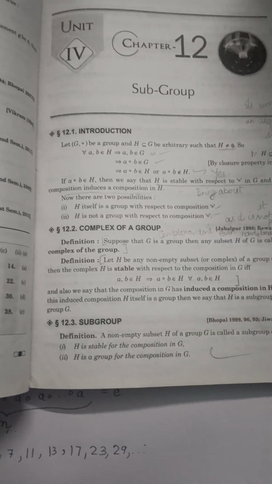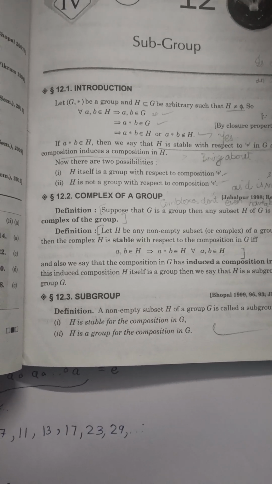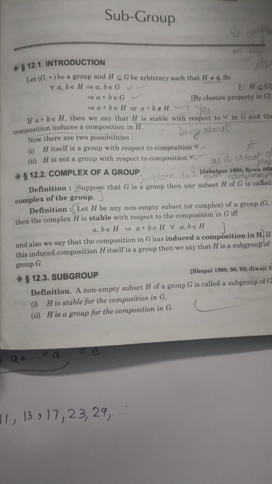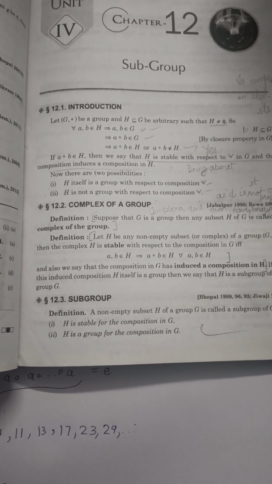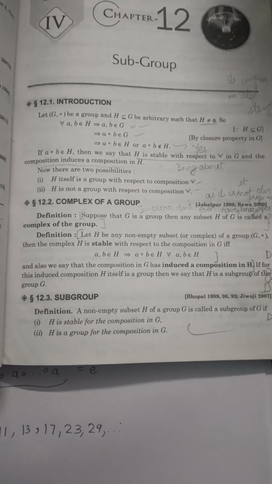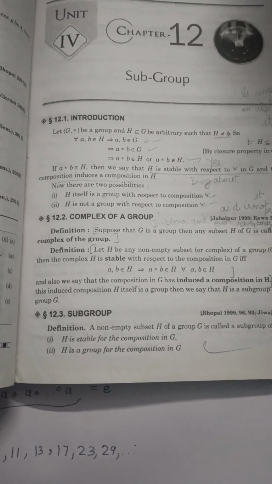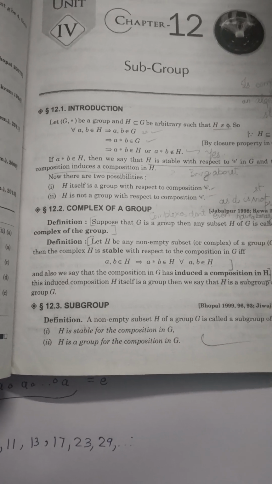Now what is a subgroup? As the name suggests, a subgroup is a part of a group, but the definition is more complicated. A subgroup is a part of a group, but it is also a group in its own regard.